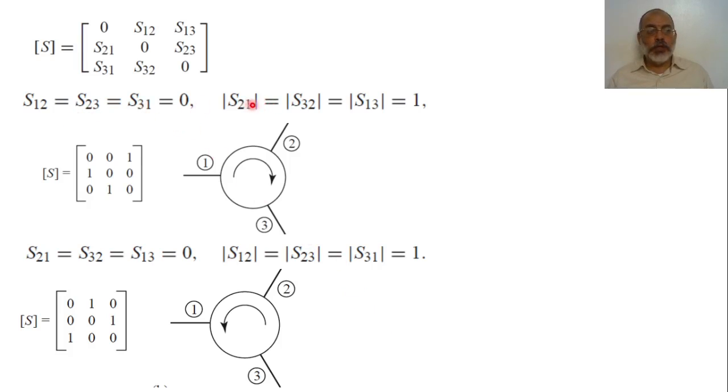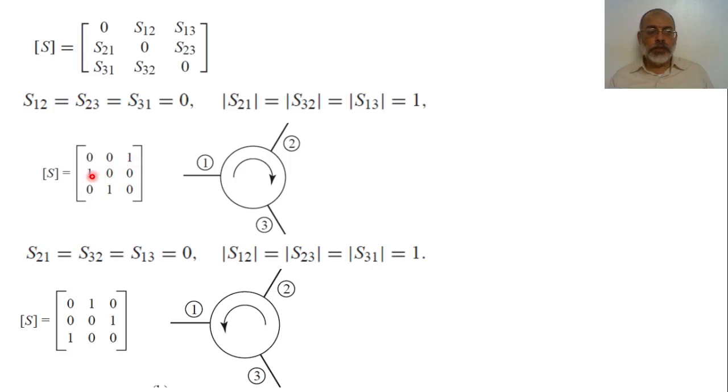For the first solution, let us write the resulting S parameters as a magnitude. Here, S11 is 0, S12 is 0, and S13 is 1.